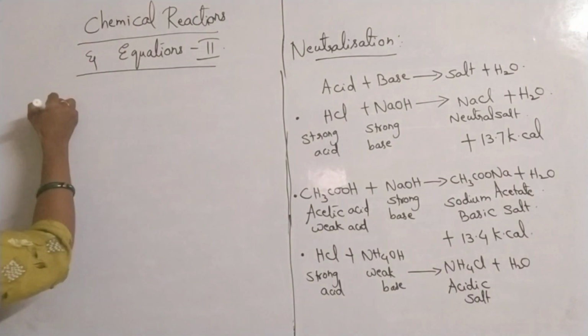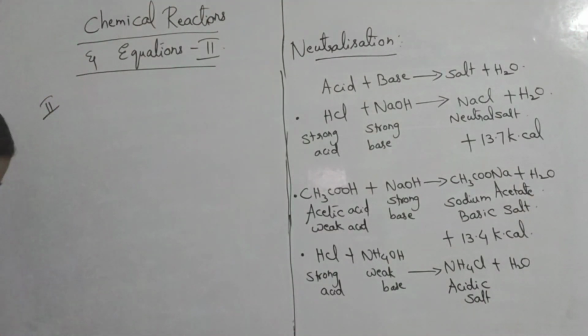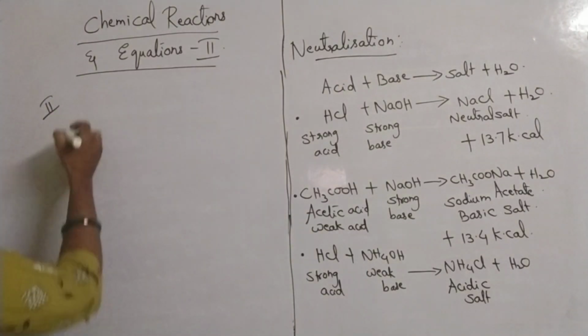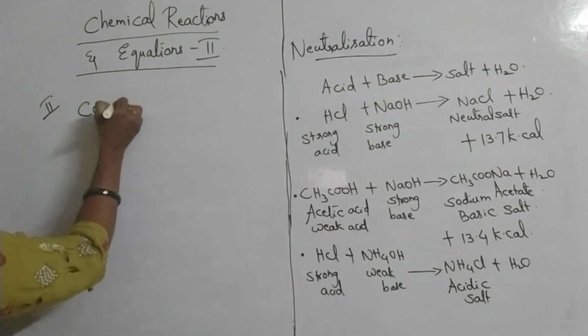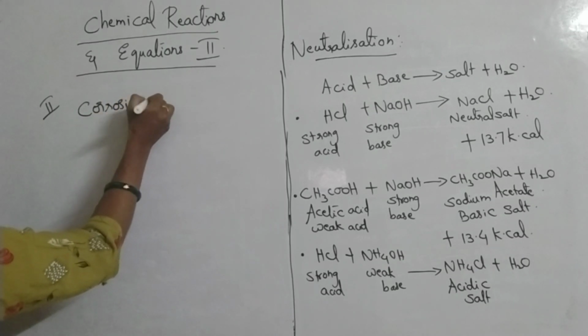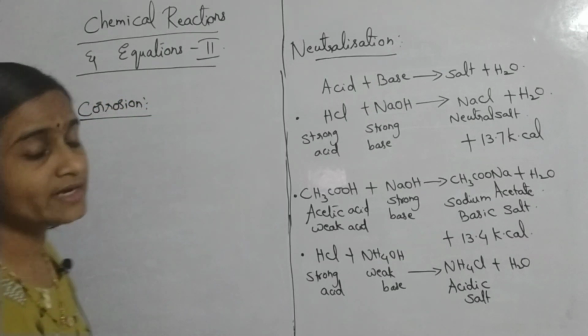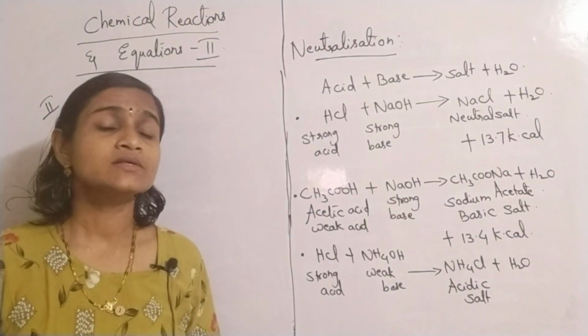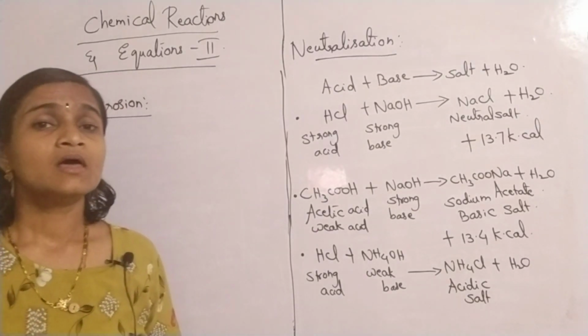The second type of reactions in today's class is corrosion reactions. What is corrosion? Like iron articles getting rusted, you all know that. What happens over there?